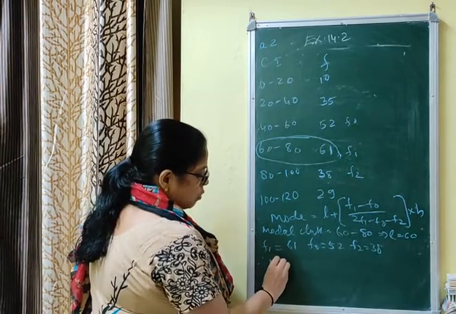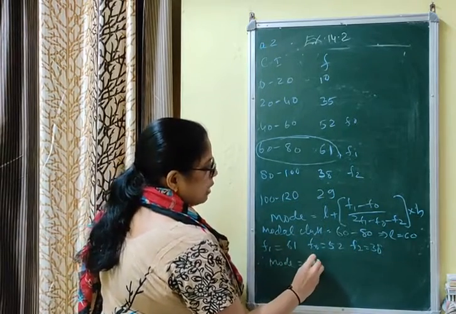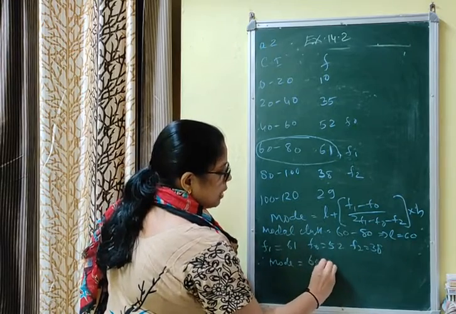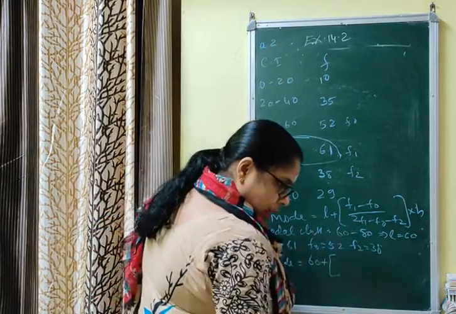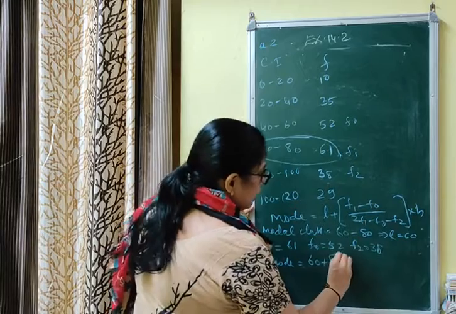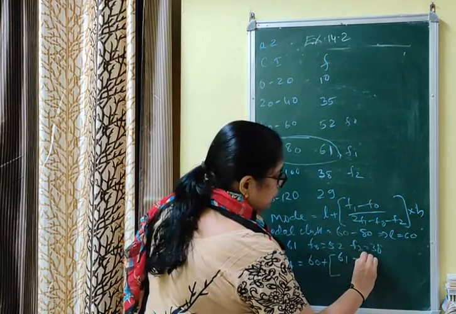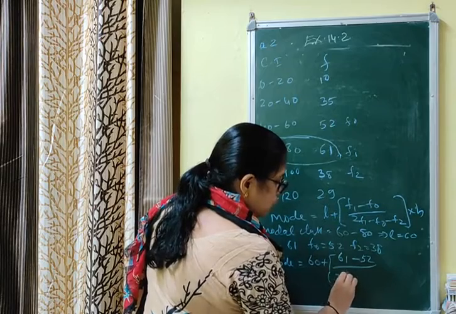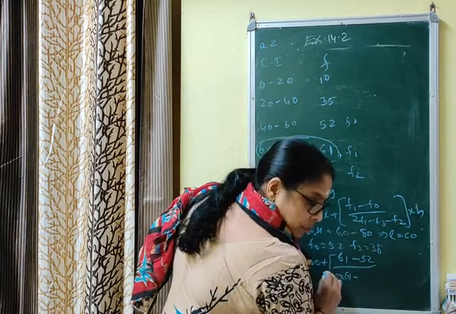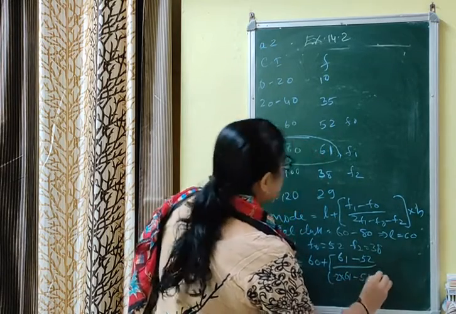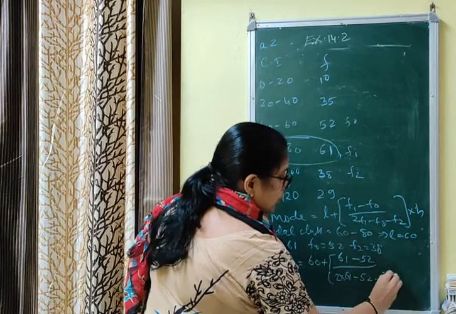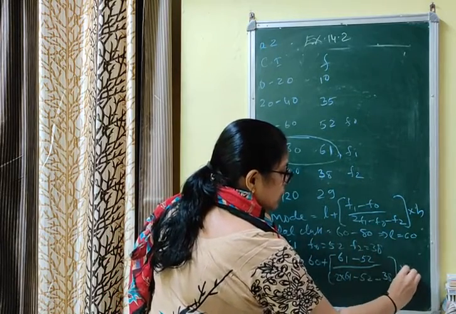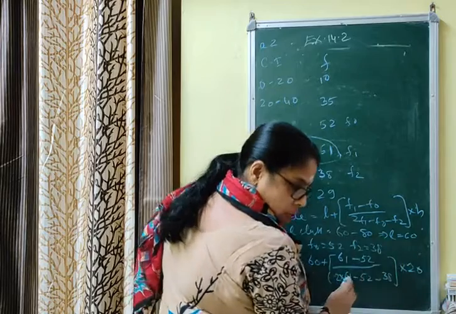Therefore mode is equal to L, that is 60, plus (f1 minus f0), that is 61 minus 52, upon 2f1, that is 2 into 61, minus f0, 52, minus f2, 38, into h. h is 20, the gap that you are given.